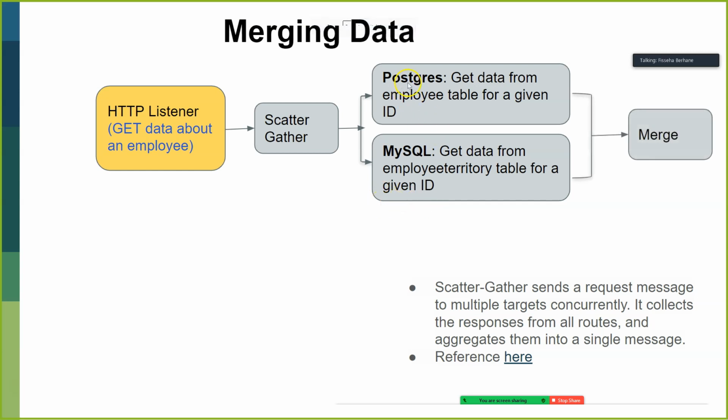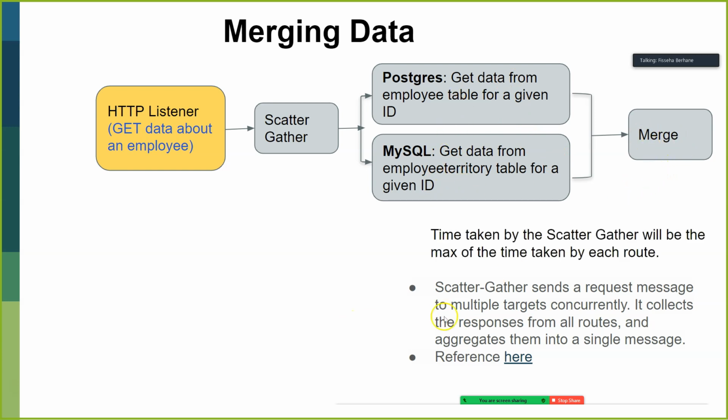So here, from Postgres, we are using it to get data from the employee table. From MySQL, we will get data from the employee territory, both of them for a given ID, because when we send a request, we will pass the employee ID as a URI param. Then we will merge the data from both of them and return it.